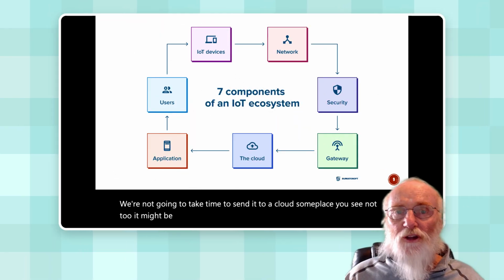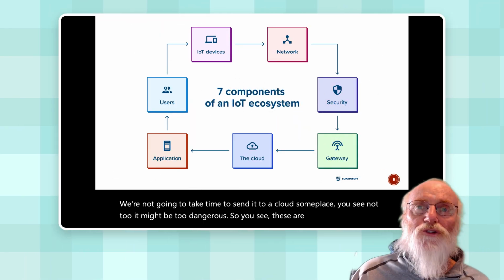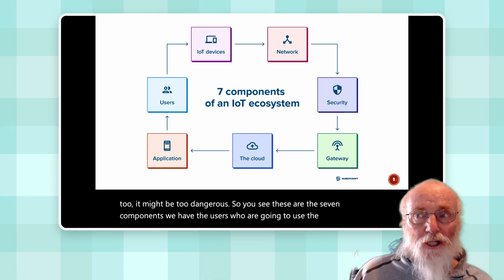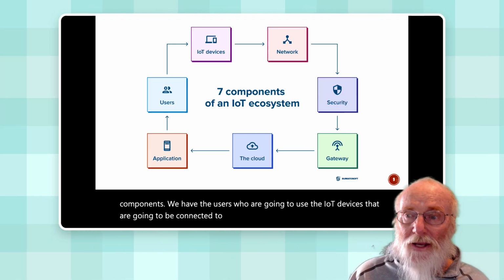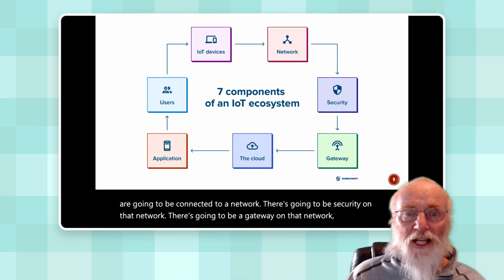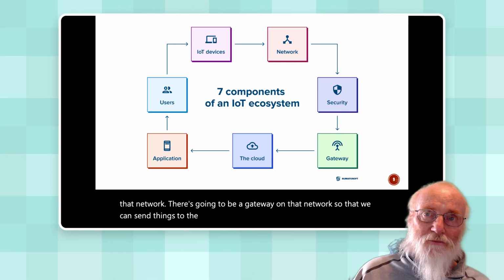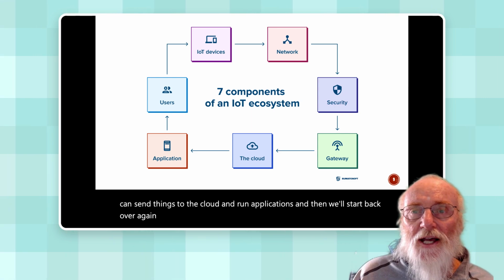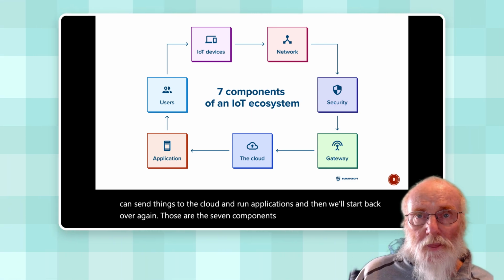So you see, these are the 7 components. We have the users who are going to use the IoT devices that are going to be connected to a network. There's going to be security on that network. There's going to be a gateway on that network so that we can send things to the cloud and run applications. And then we'll start back over again. Those are the 7 components of an IoT ecosystem.